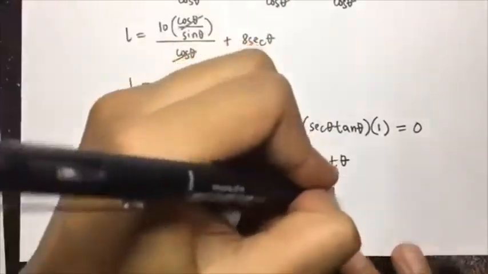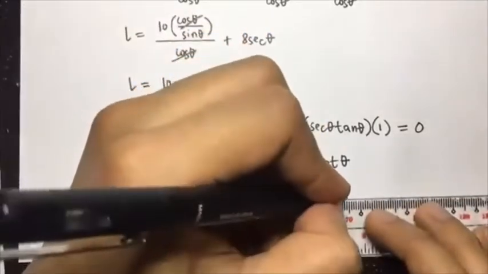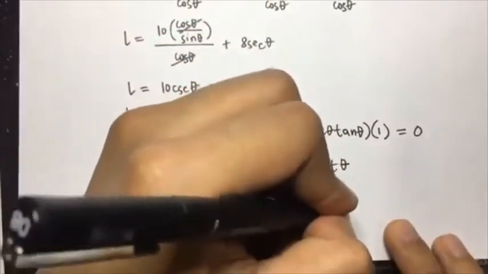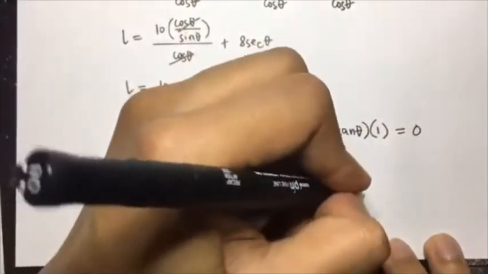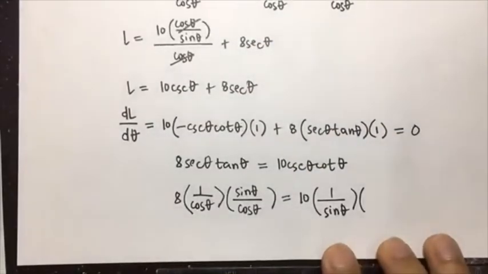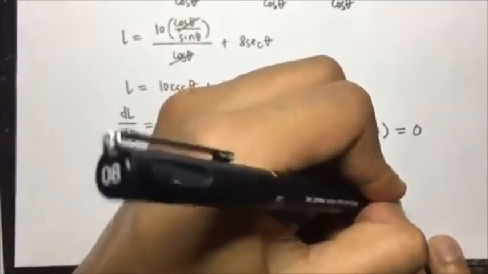Cosecant theta is 1 over sine theta, times cotangent theta, which is cosine theta over sine theta.